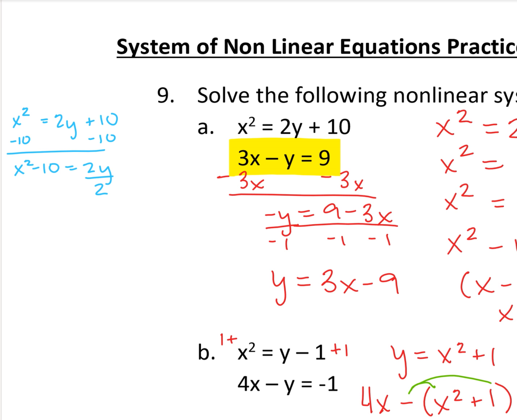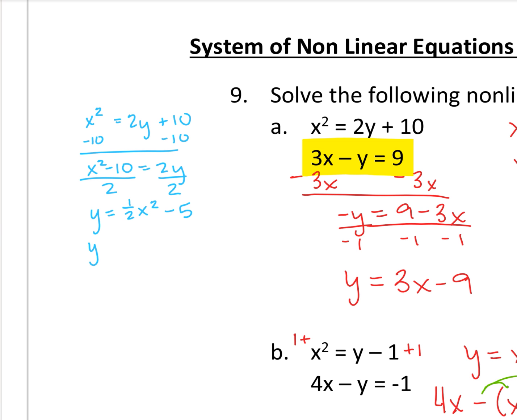Of course, I divide everything by 2. So in my calculator, I would put y equals, you could either do it like 1/2 x squared minus 5, or you could do it all with x squared minus 10 over 2. Doesn't matter, as long as you use proper parentheses. Obviously, we already solved one for y equals, so in y2, you would put y equals 3x minus 9.